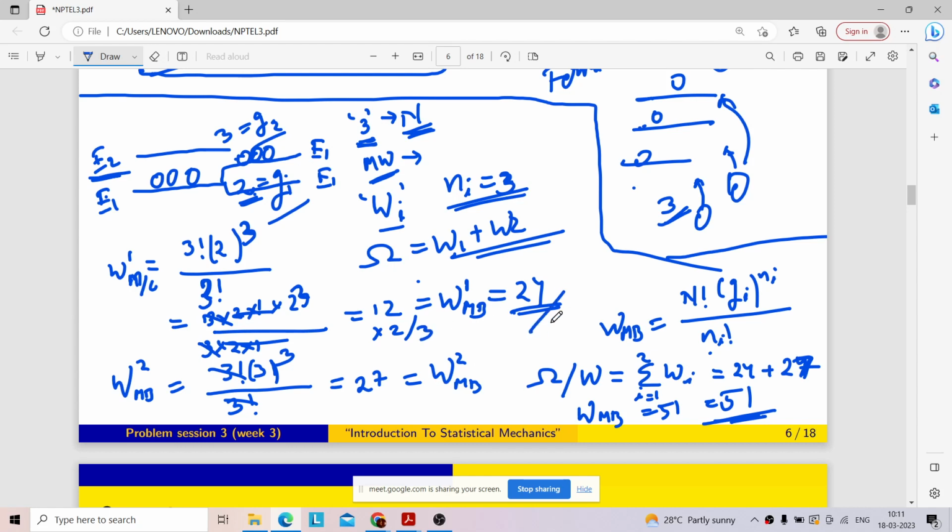So it's divided by 3. This is 8. So instead of 51, this is 8 plus 27. And this is 35. So we have 35 microstates for classical gas.